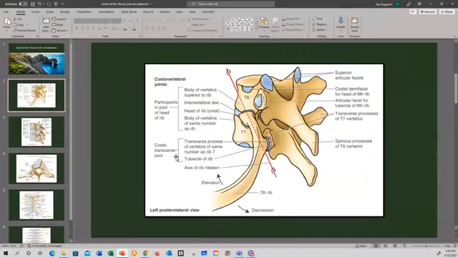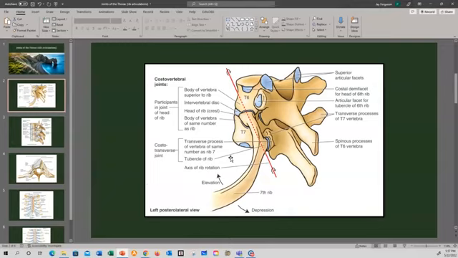So if we discuss these articulations individually, if we focus on the joint of the head of the rib, now remember, this is a synovial joint. Now the heads of the first and lower three ribs will articulate only with the vertebral body of the numerically corresponding thoracic vertebra, meaning the head of rib 1 is going to articulate with T1.